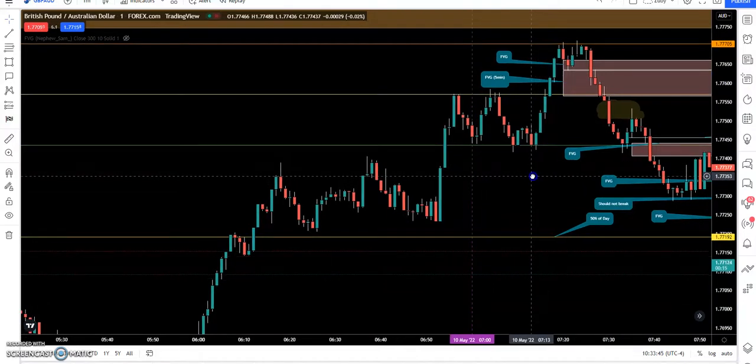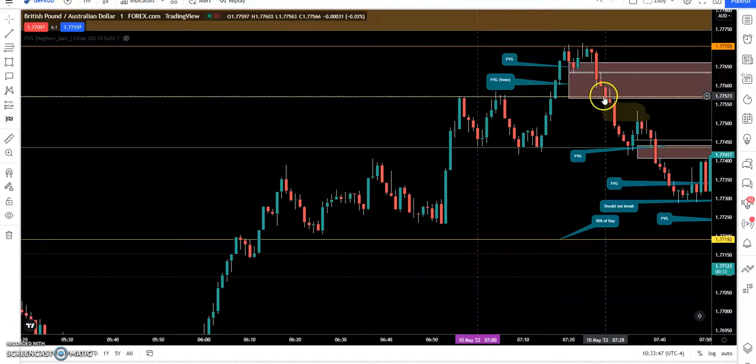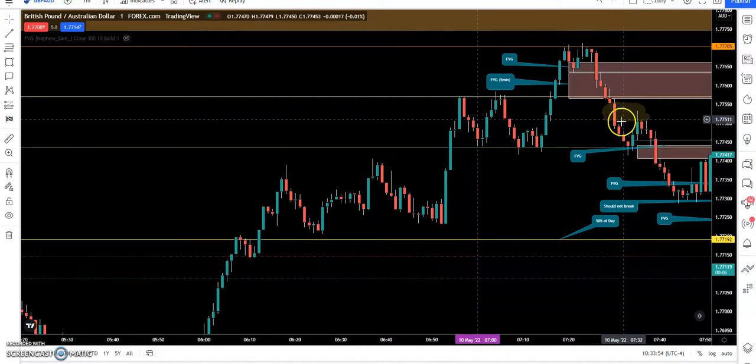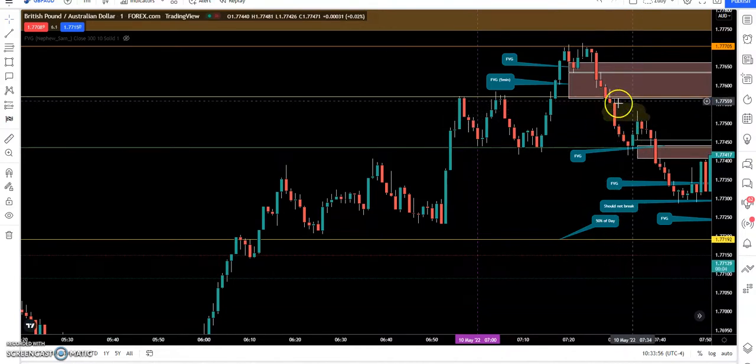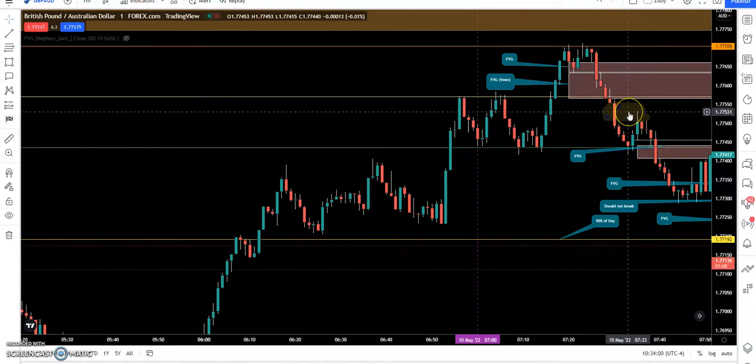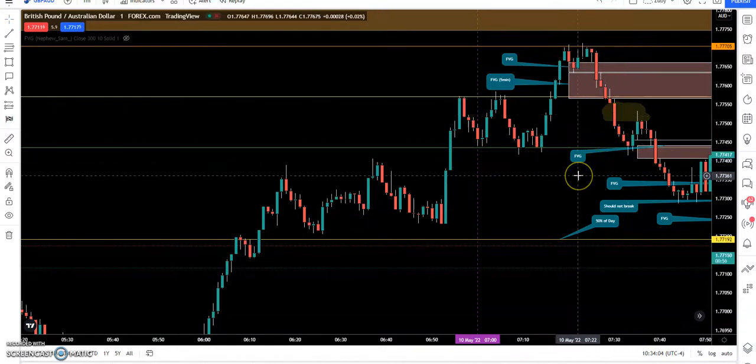So the market decided to break down, and there's a fair value gap in here, which it came back and tested. Now the reason why I've highlighted it is because I did not see that as an entry. In order for me to validate a fair value gap from the lessons that ICT has taught, you must have a break of market structure.